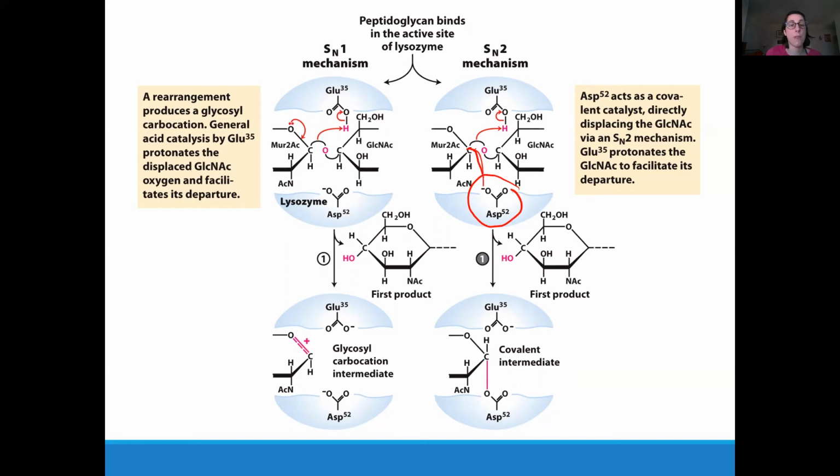And we have a covalent intermediate, a covalent bond that is formed from the aspartate to this carbon. And then you can see, to help stabilize this intermediate, we also are utilizing the proton on the glutamic acid, the glutamate, number 35 up here. So this is an example of covalent catalysis and acid-base catalysis that is facilitating this reaction.